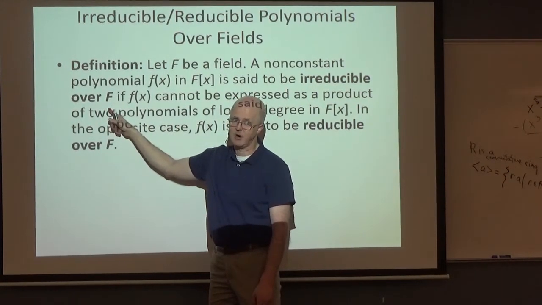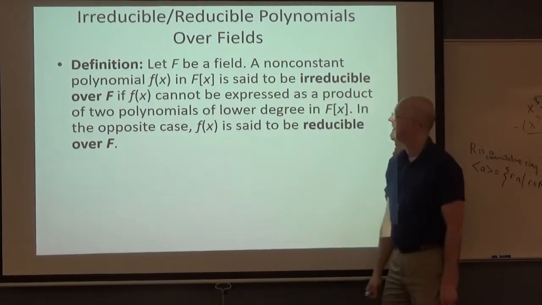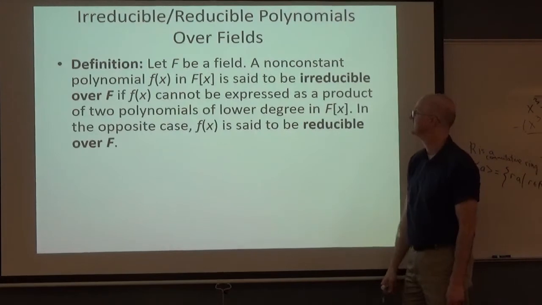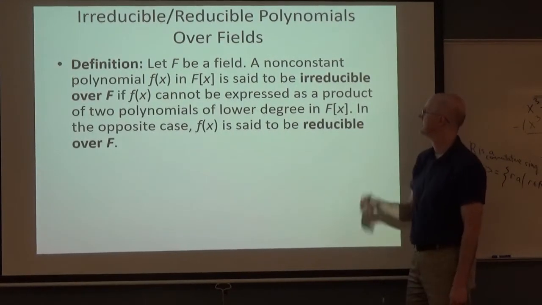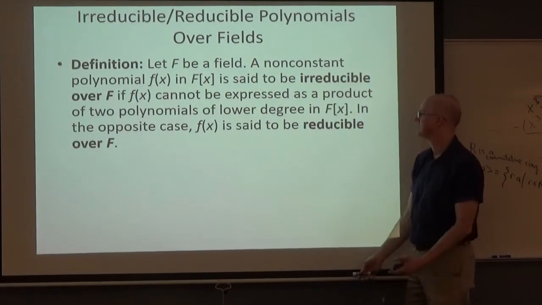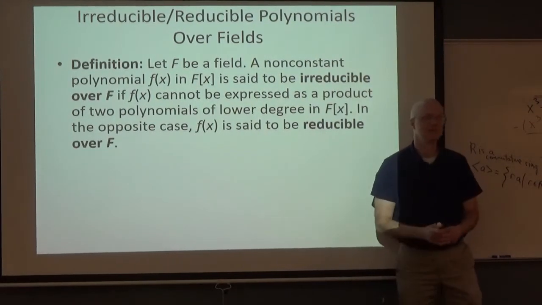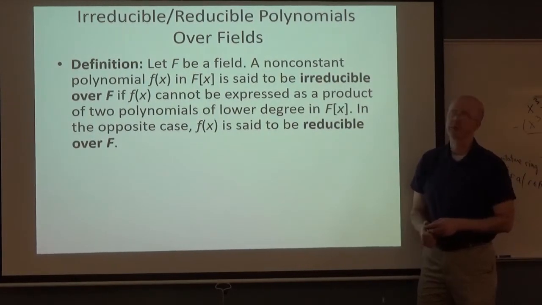Say irreducible over F. That's super important. It is irreducible if f(x) cannot be expressed as a product of two polynomials of lower degree in the polynomial ring. In the opposite case, f(x) is said to be reducible over F if you can write it as a product of two polynomials of lower degree.